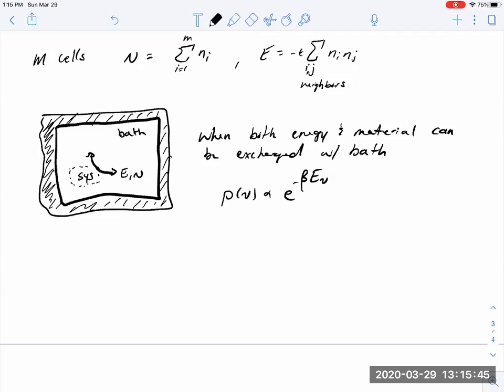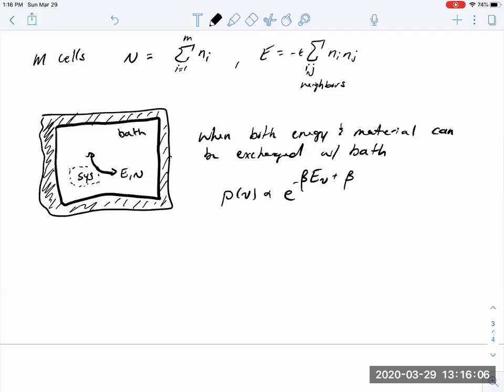By analogy, if I allow the number of particles within the system to change, I need to worry about how many bath states there are that can accommodate the total number of particles being fixed. That should be something related to how the entropy of the bath changes with number of particles.